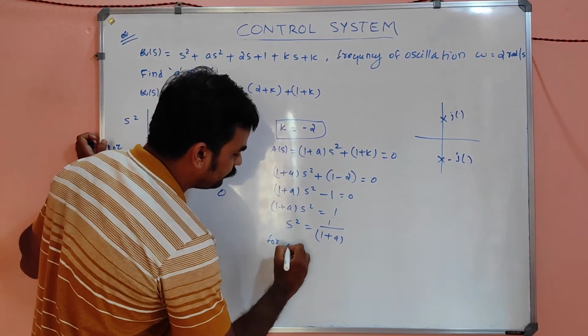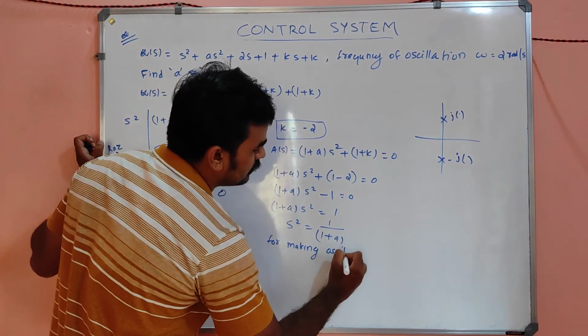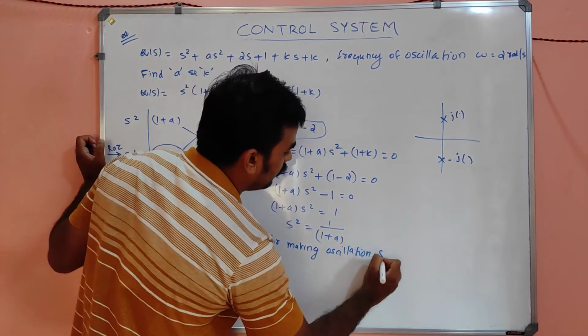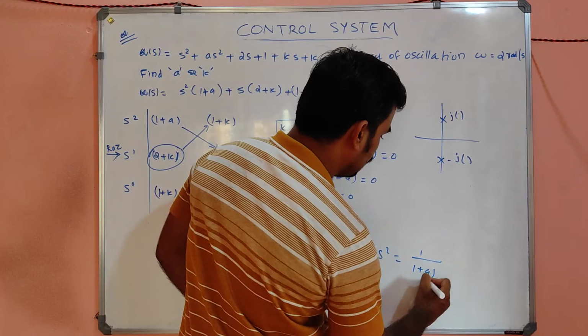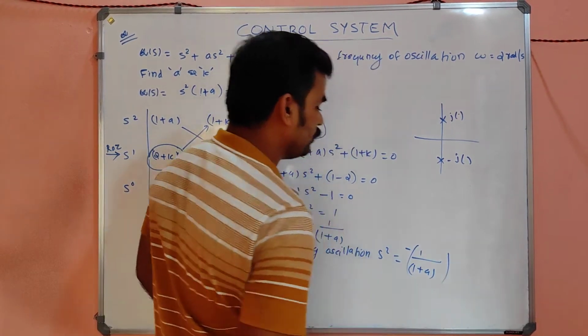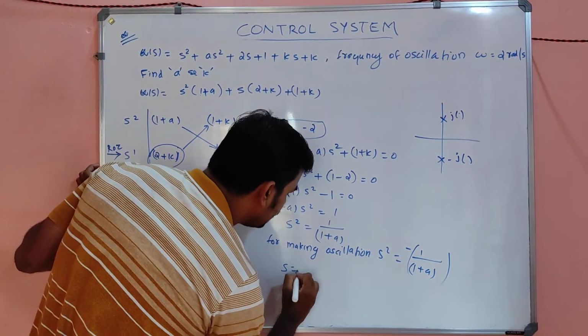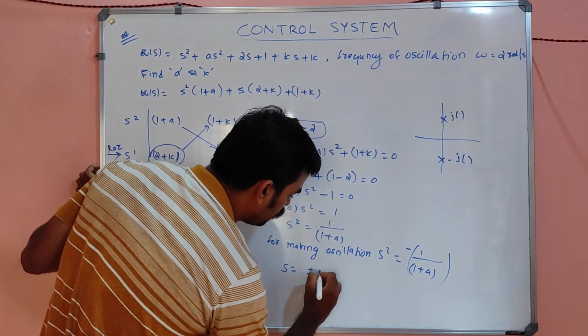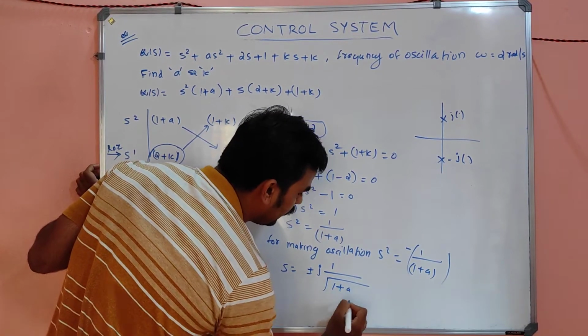For making oscillations, s square equal to 1 by (1 plus A), this should be negative. Then only I can write s is equal to plus or minus j times 1 by root of (1 plus A).